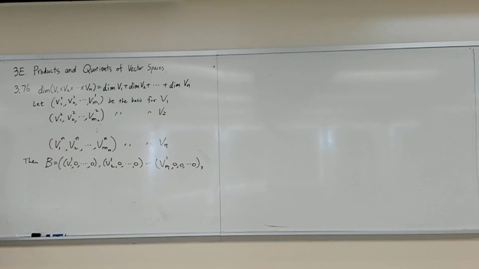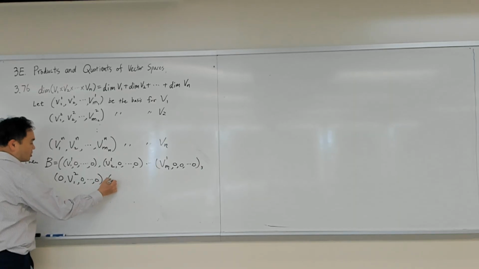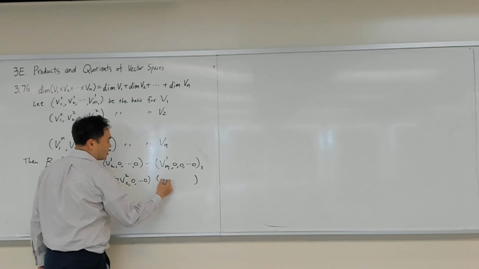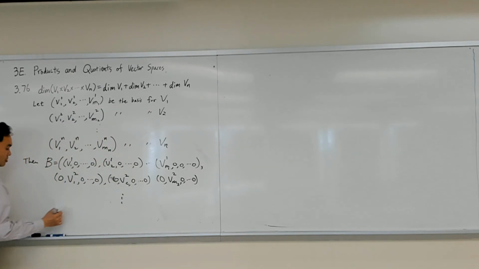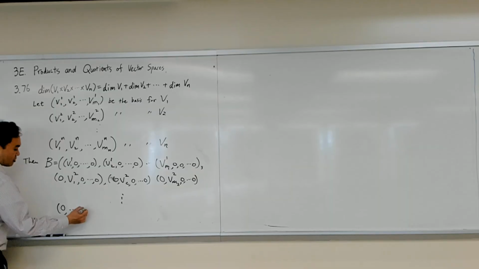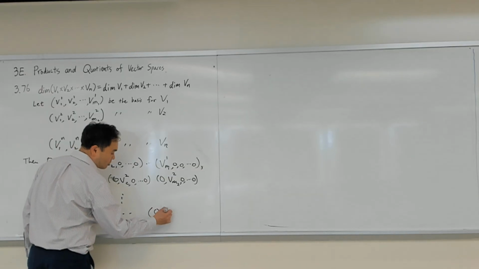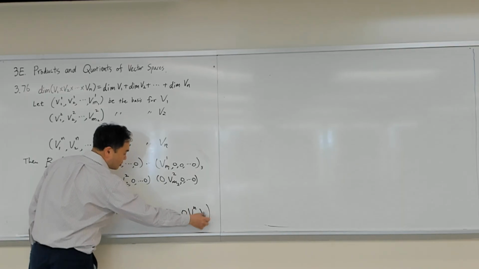Now you have these, and then the next part of the list will be (0, V2 1, 0, ...), (0, V2 2, 0, ...), and then (0, V2 M2, 0, ...), just like that, and all the way down until you have (0, 0, ..., Vn 1), and then until you get (0, 0, ..., 0, Vn Mn).